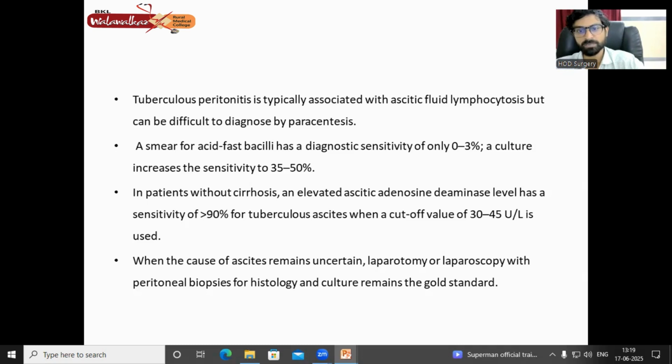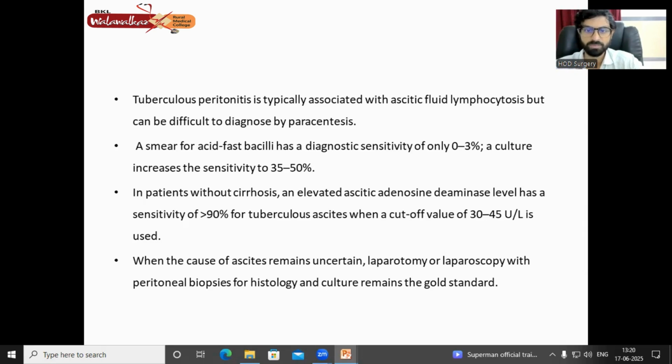Smear for acid-fast bacilli has only a sensitivity of 0 to 3%, and culture can increase this sensitivity tenfold, up to 35 to 50%. In patients without cirrhosis, elevated ascitic ADA levels have a sensitivity of more than 90% for tuberculous ascites, when the cutoff value of 30 to 45 units per liter is used.